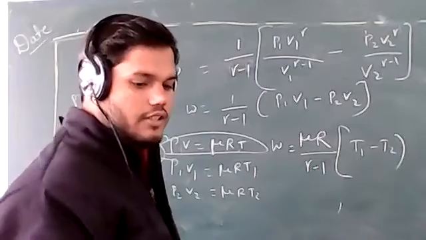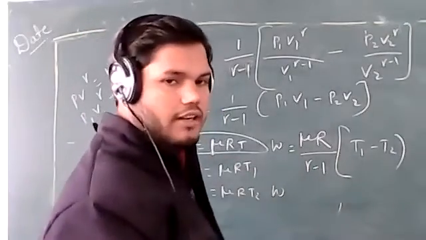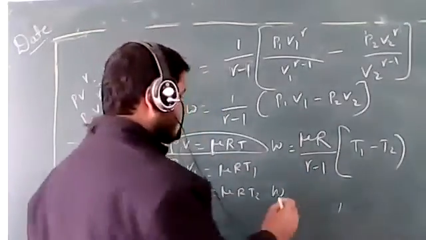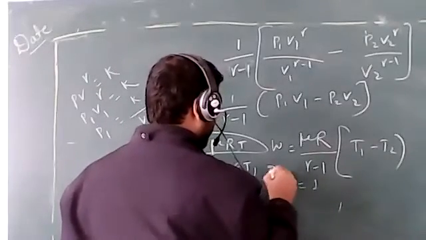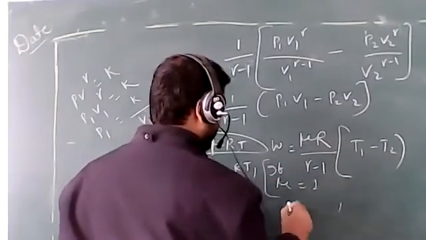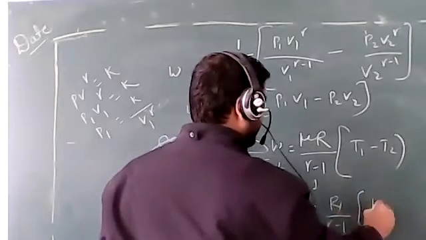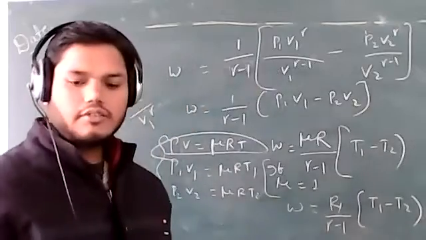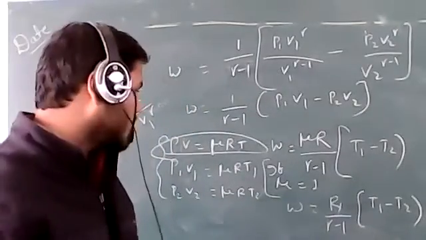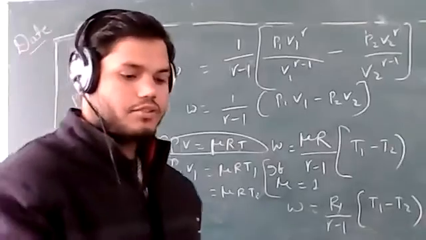Also you can write, if mu equal to 1 for 1 mole of gas, then W equal to R divided by gamma minus 1, T1 minus T2, okay. So this is the relation for work done in an adiabatic process, okay.